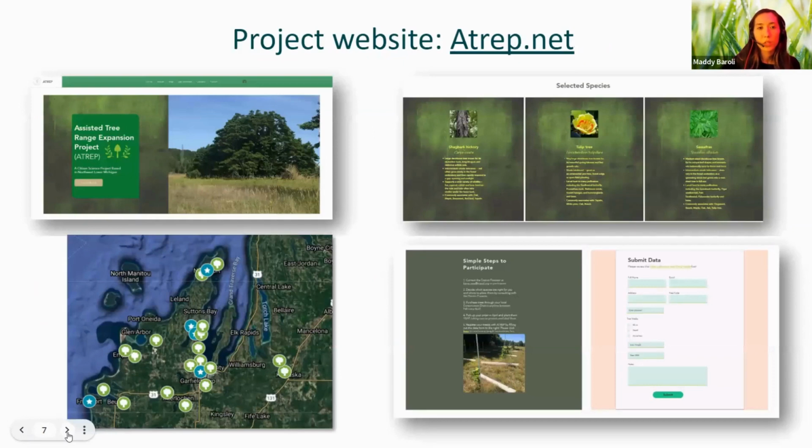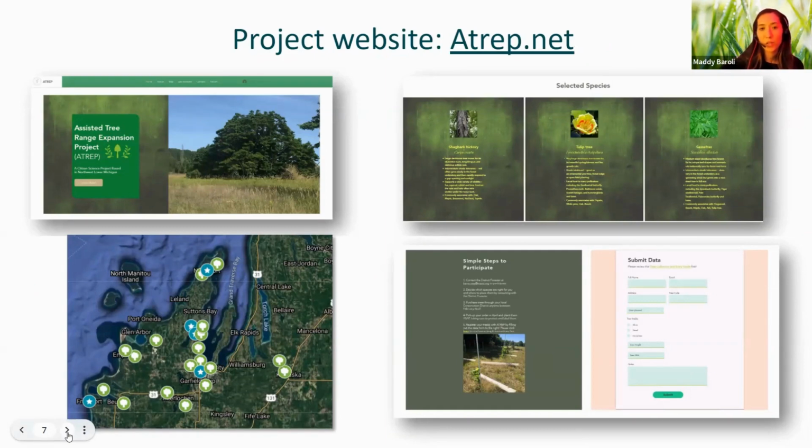So this is just some screenshots from the project website itself. On the website, you can revisit information on each tree species and see project updates. You can also see this map, which shows many of the trees planted as part of the project by both private landowners and community groups in public places.